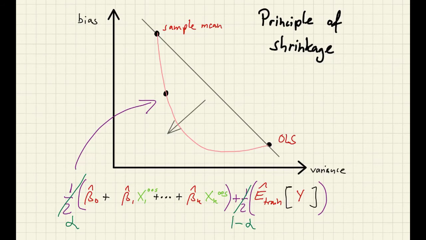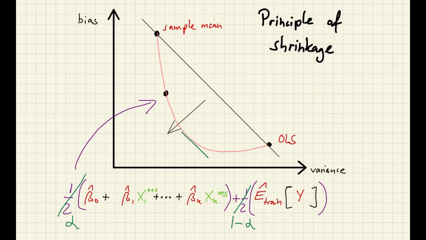Now here, this traces out a sequence of models, and you might be wondering which one is the best model, what is the optimal combination of the two predictors, or what is the optimal amount of shrinkage. You find the optimal amount of shrinkage obviously at the point where this curve is tangent to a 45-degree line.